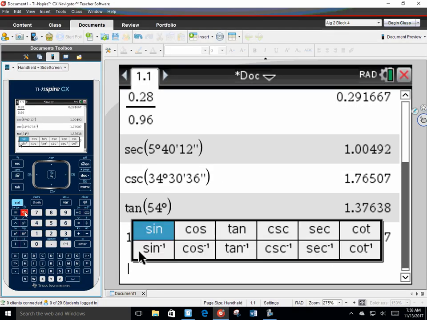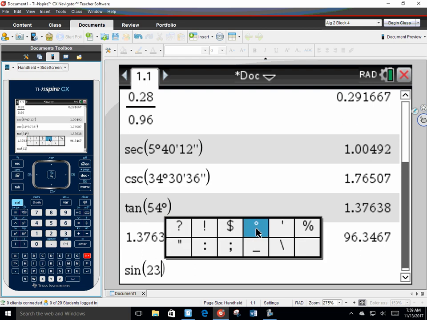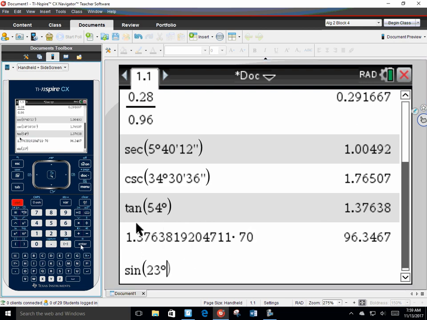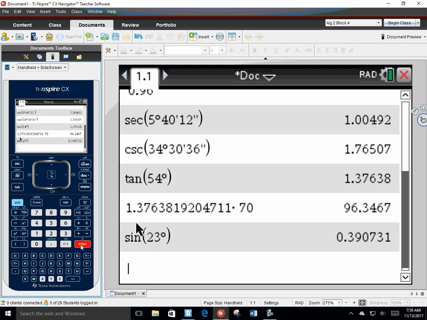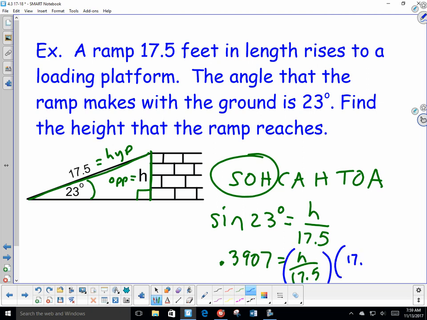So sine of 23 degrees is 0.3907. So 0.3907 equals h over 17.5. Let's multiply both sides by 17.5.